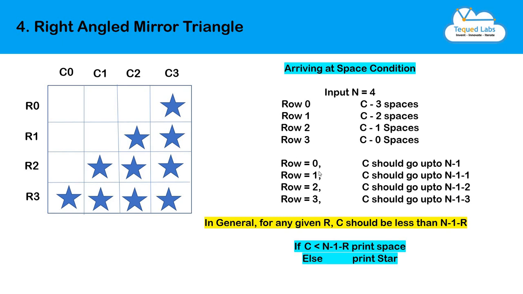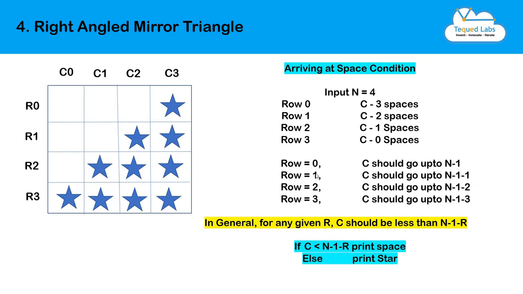Now, can you derive a relation between rows and columns? Yes, as you can see here, when row is 1, there is minus 1 here. When row is 2, it is minus 2 here. When row is 3, it is minus 3 here. So for any given row, C, that is blank spaces, would go up to n minus 1 minus r.